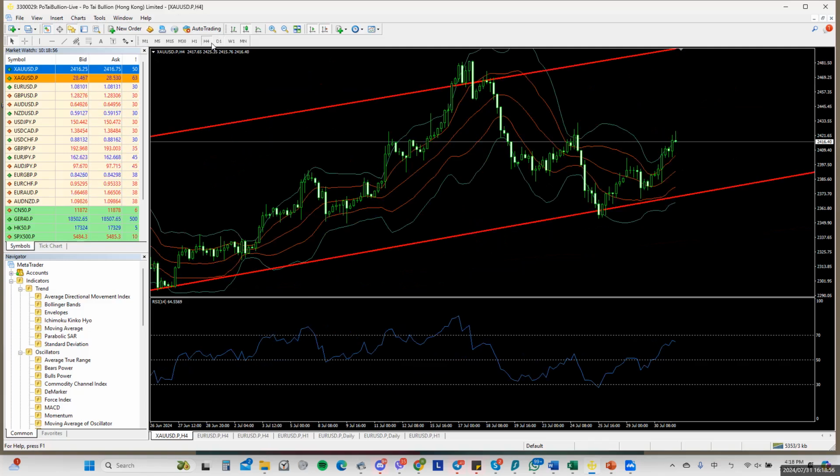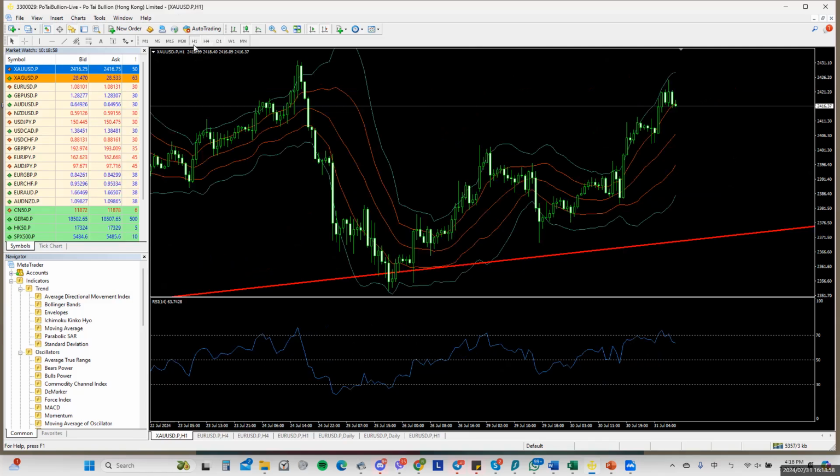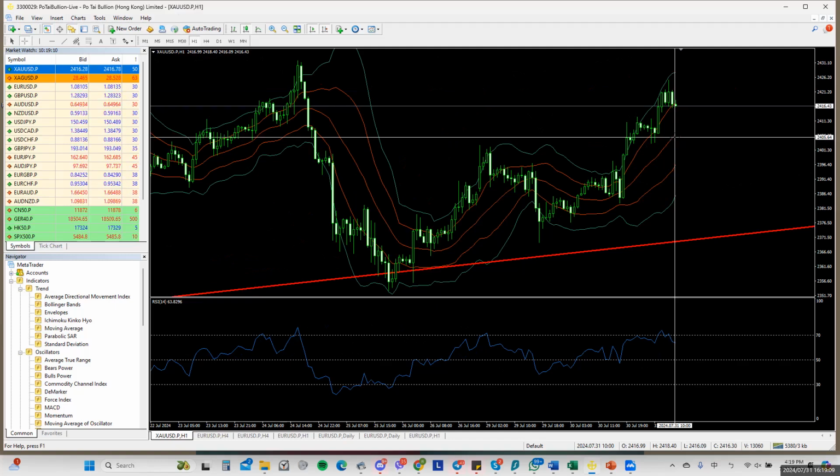Now, of course, how I would be exiting is this. If today I enter into a buy and then price drops below my MA20, for example on H1 here, at 2405.6, if prices drop below that zone, then I may want to exit my buy trade, and then restart and recalibrate my trades.